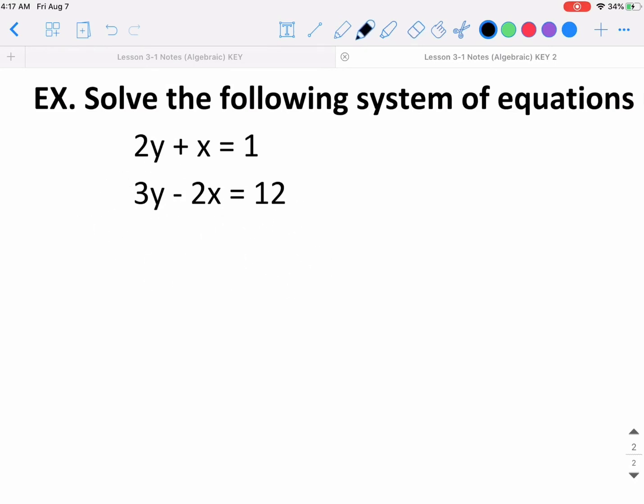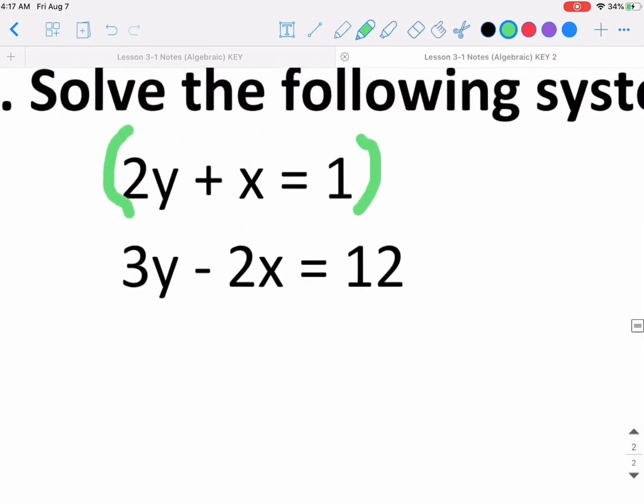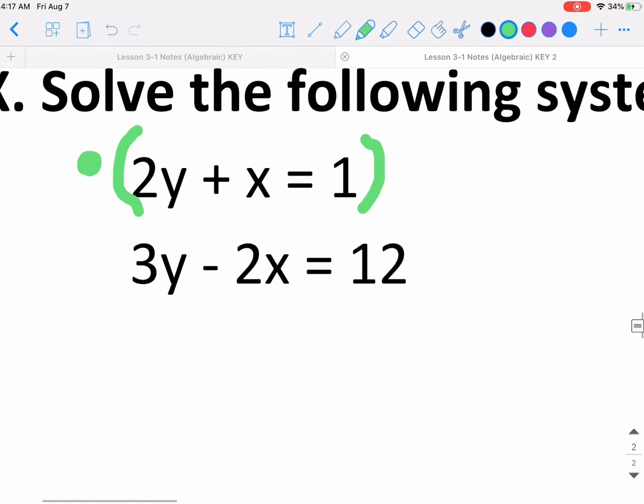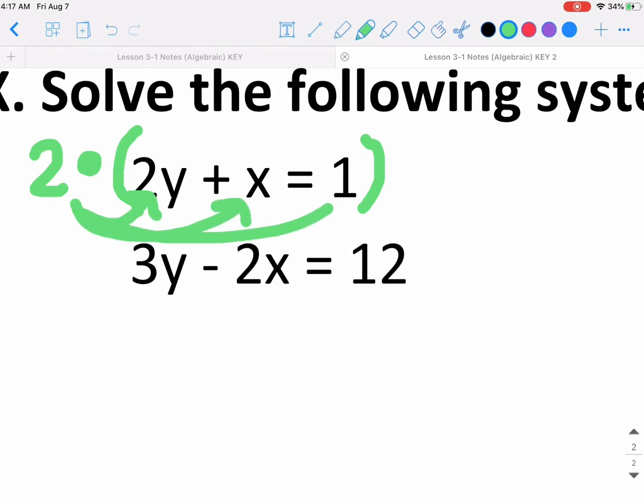So I'm going to have to manipulate one of these equations. The easiest one for me to manipulate is the top equation. If I change the top equation and I multiply everything in the equation by 2, I won't have to do anything to the bottom equation, because when I distribute this 2, I'll have 2 as the coefficient for x, which is opposite of -2.